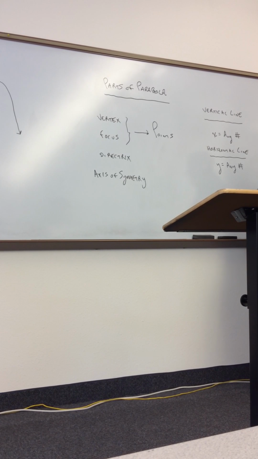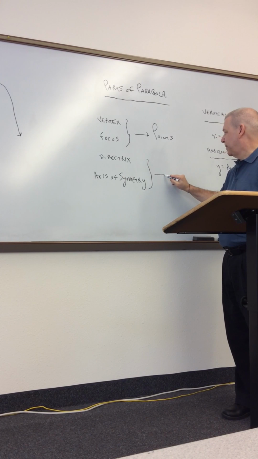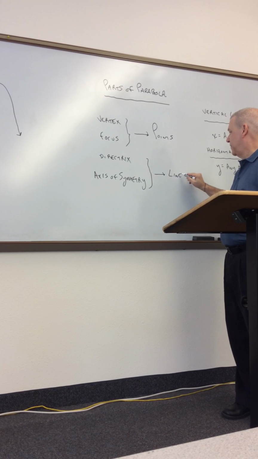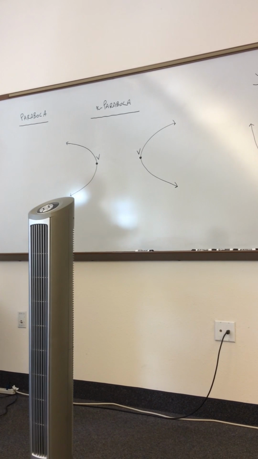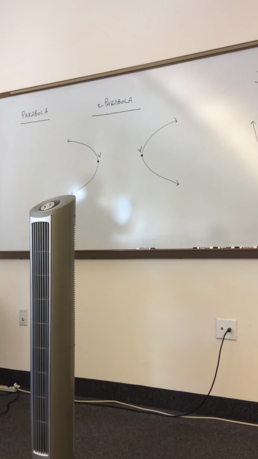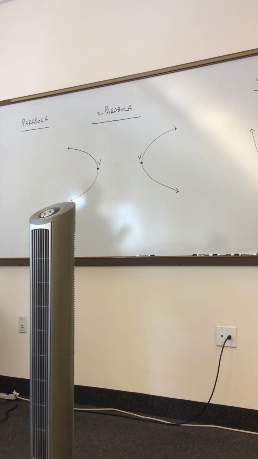It's an ordered pair, okay? These 2 things are lines. I'm just giving you all the general information here. So every parabola you see, there's going to be a vertex point, a focus point, a directrix, and an axis of symmetry.